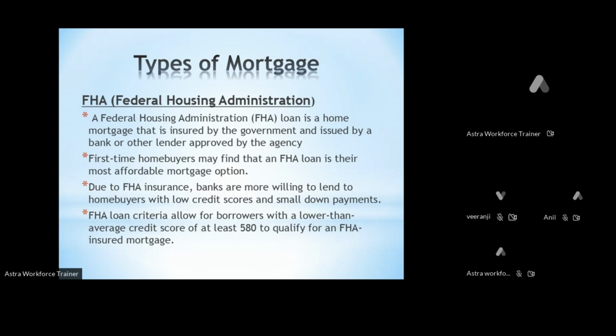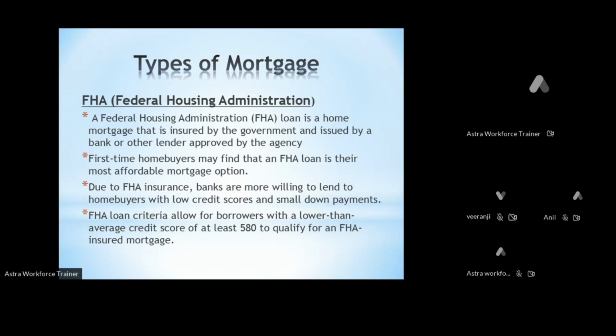Okay. So the FHA loan is very affordable, or you can say it is very easy to access and easy to go through the guidelines, because this is also called the government loan. Like we have SBI Bank, Indian Bank, and IOB, right? They will give the loan amount, but not that much, with a lower interest rate.